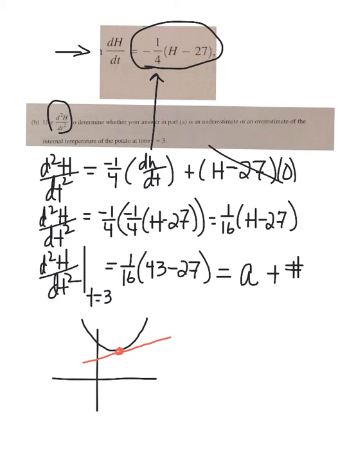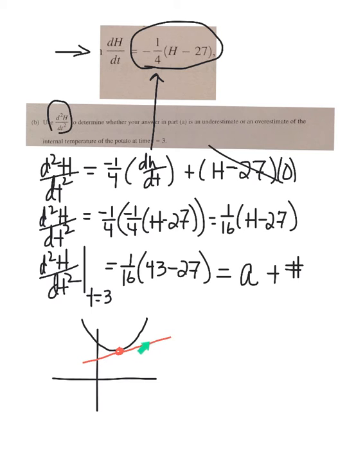So read the question one last time. It says use your second derivative. We used our second derivative to determine that the function was concave up, right? To determine whether the answer in part A, in other words the tangent line, is an underestimate or an overestimate.